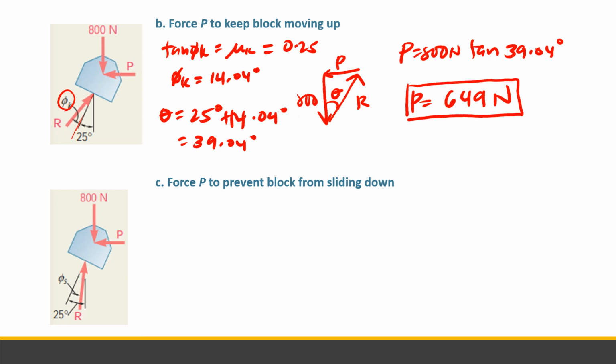Okay, so next is P to prevent the block from sliding down. You are not pushing it upward, but just preventing the block from sliding down, meaning it stays steady on our plane. This time, R will have this position. In the previous case, F was opposing P, but now the motion of F is in this direction, because it is to prevent the block from sliding down.